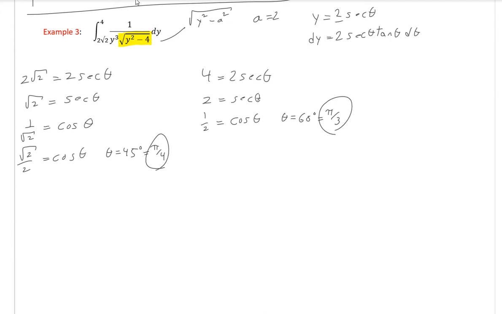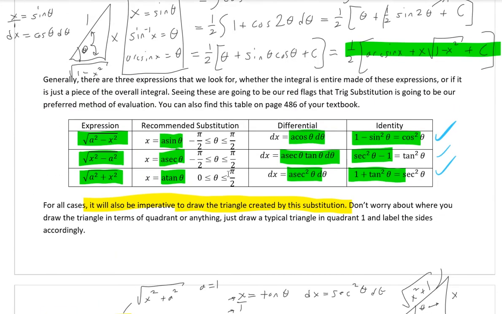Now you may have noticed before that there was a table for this, for when you're putting values into this for a sine, a secant, and a tangent. These are basically the quadrants that you're allowed to use, and this is what would happen when we do inverses. For sine, you have negative pi halves to pi halves, so that's quadrant 4 and 1. For secant, you have quadrant 4 and 1, and for tangent, you have 0 to pi halves, so that's just quadrant 1.